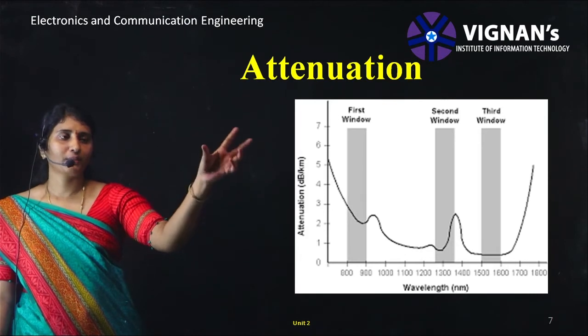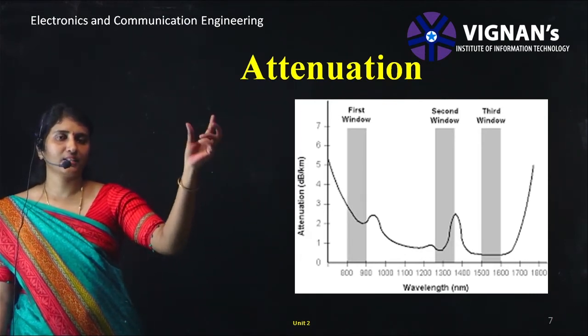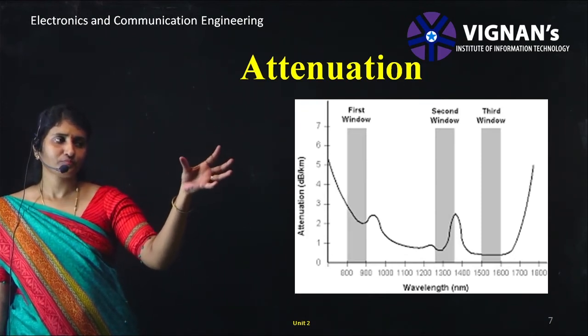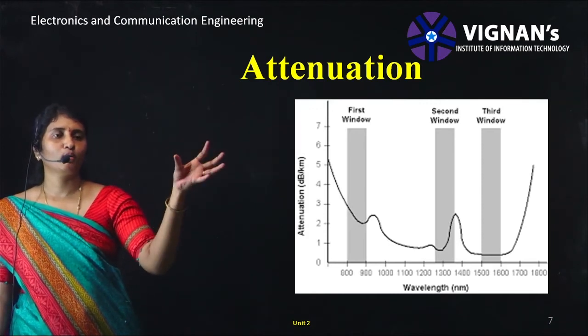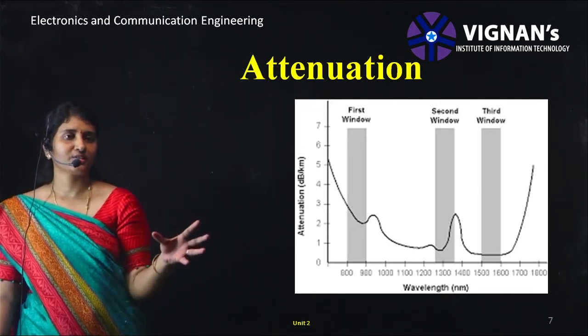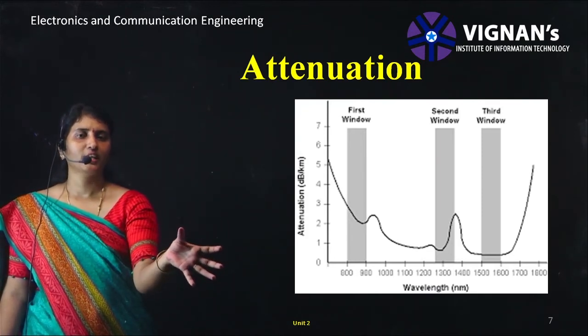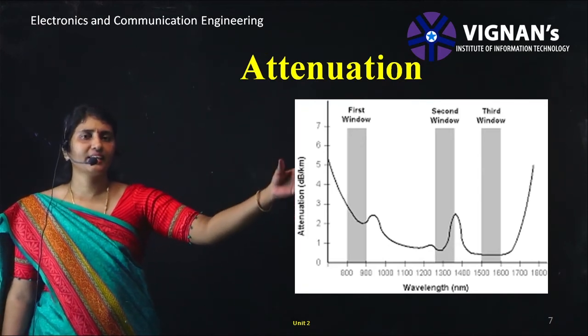So from this graph what we can observe is, if the operating window is the second window, then we can observe more attenuation than in the first window and last window. Generally LED sources will be operating in the first window, and laser lights will be operating in the second and third windows.